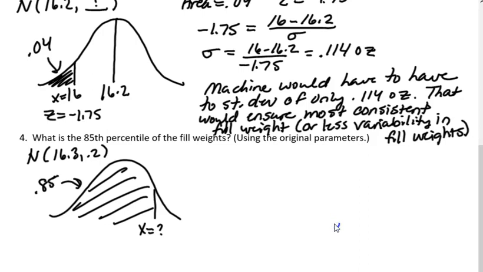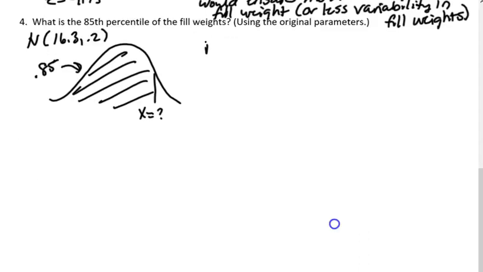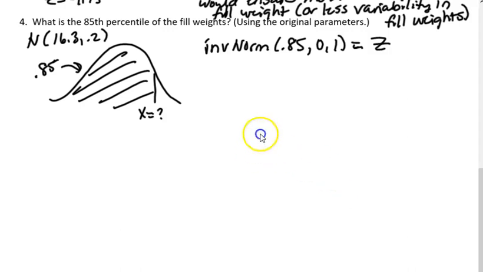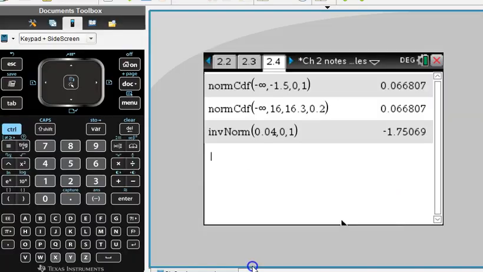Now what we've done in the past is we said inverse norm of 0.85, 0, 1, and we got a z-score. And then we use the z-score to help us find x. So let's go ahead and do it that way. Now we could also look up 0.85 on the table and then go back and find our z-score that way, but I want to go ahead and just use inverse norm on this one.